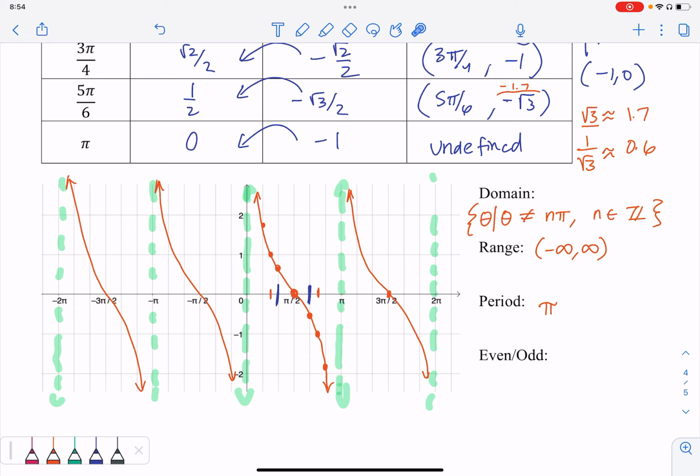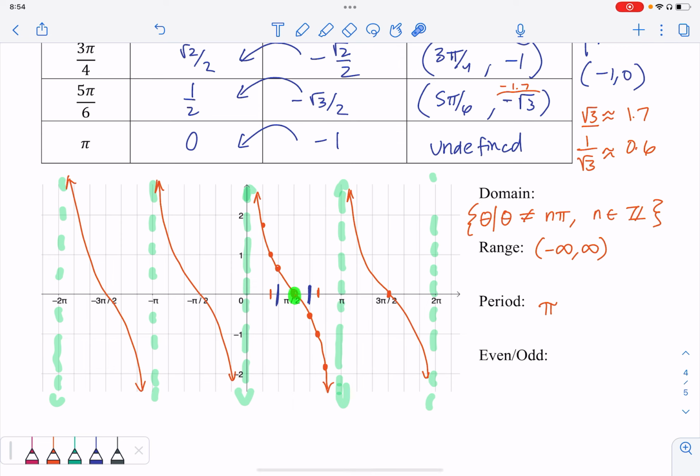And what about even and odd? Okay, it's a little tricky to see this, but if you were to rotate this piece here 180 degrees around the origin, it would actually land on this piece there.